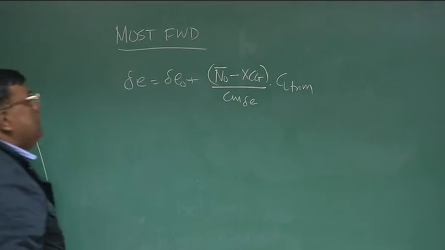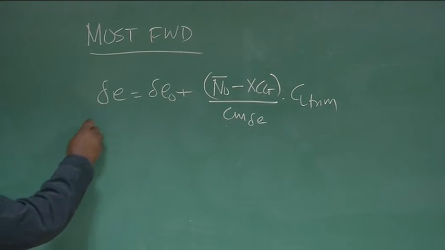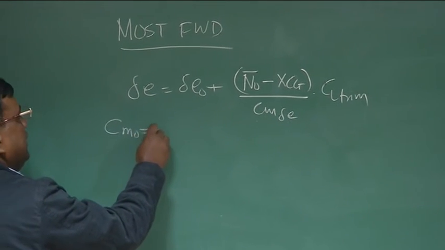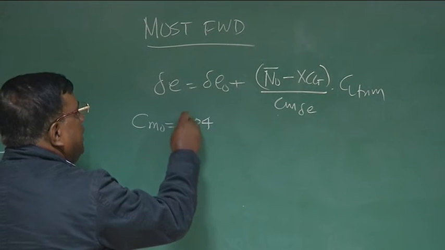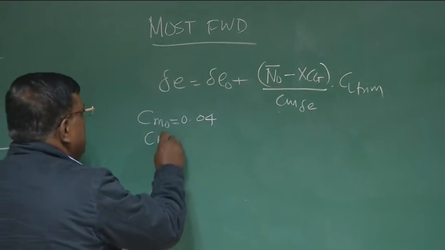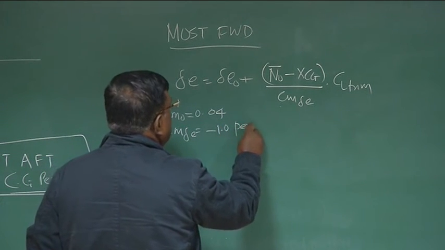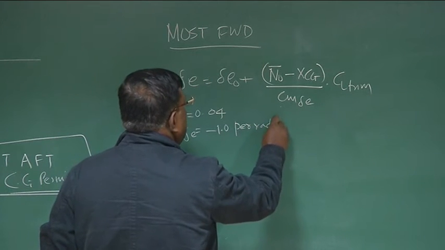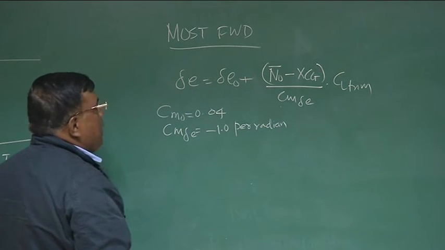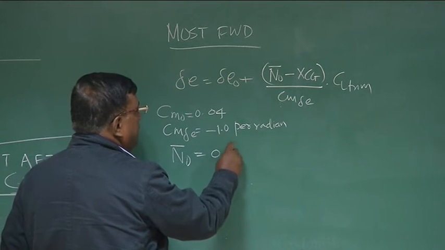Right. Let us take some values. Let's say I take Cm naught. These numbers are taken just to give some illustration of a concept. Okay. So allow me to take these values. Cm delta E is minus 1.0 per radian. Please note down that this is per radian. Okay. And let's assume n naught bar is 0.5.